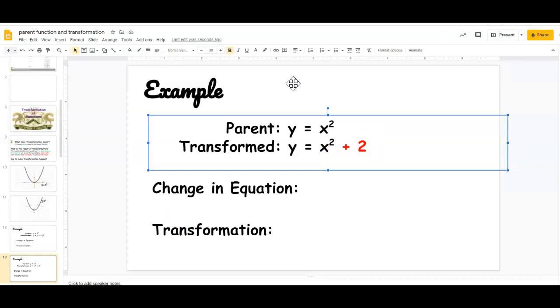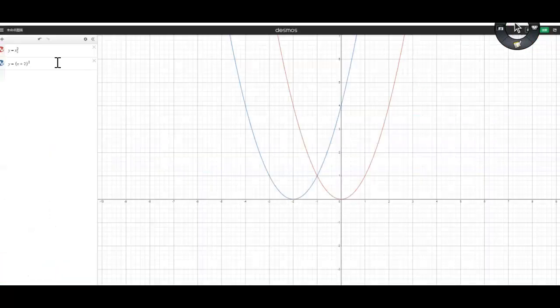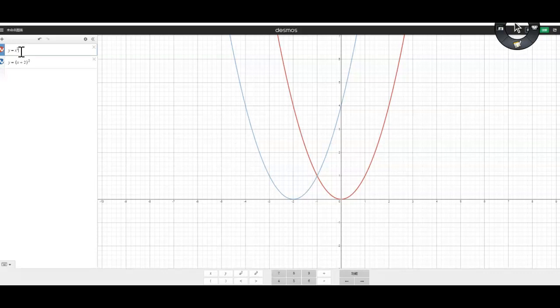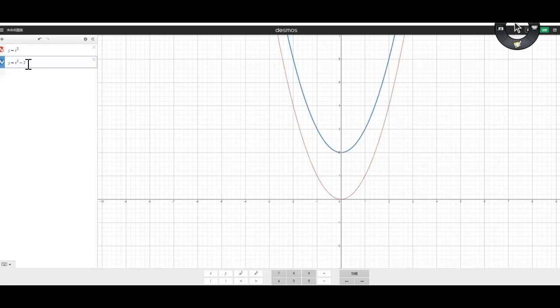So let's graph both of the parent and baby equation to see the change on the graph. Okay. So I still use this parent equation. And this time the baby equation becomes x squared, then outside of it plus a 2. So you see, this is a parent equation going through the origin, and you moved it up.